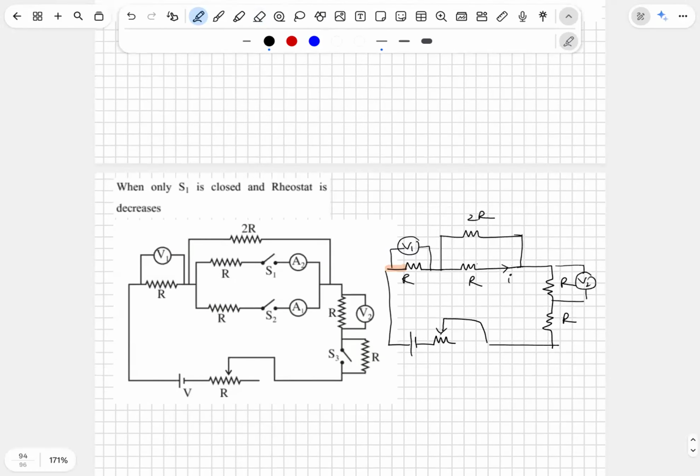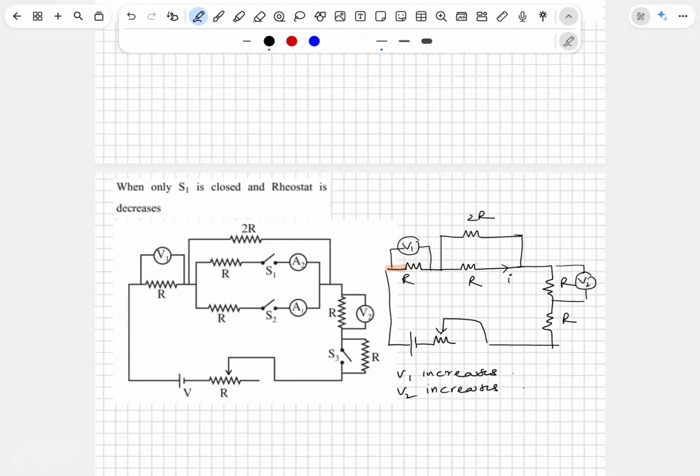Right. So only S1 is closed and the rheostat. The moment you decrease the rheostat, you are reducing the resistance. The current in the circuit increases. V1 increases. V2 also increases, because the current increases.